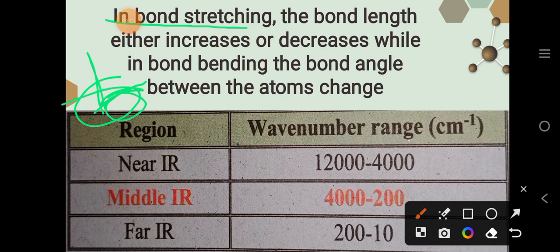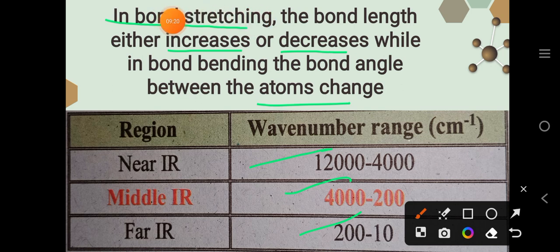So here are the regions of near, middle and far infrared radiation that we observe, just a table for understanding. So one more time we revise this: in bond stretching, the bond length either increases or decreases, while in bond bending, the angle between the atoms changes.